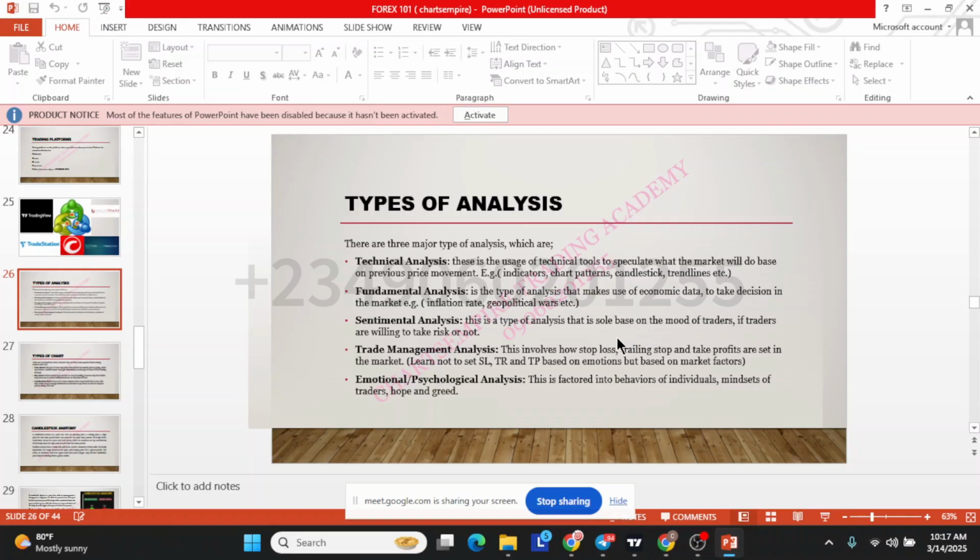And lastly, we have emotional and psychological analysis. Emotion is factored into the behaviors of individuals, how you react. One way that you can tame your emotion is by risking what you can afford to lose. This statement is always stressed in trading.